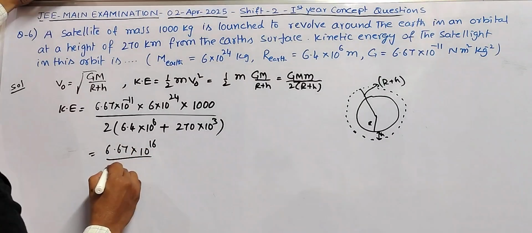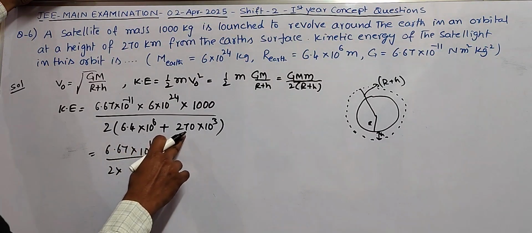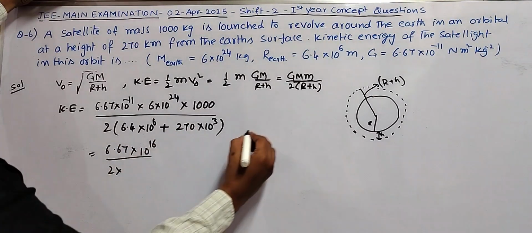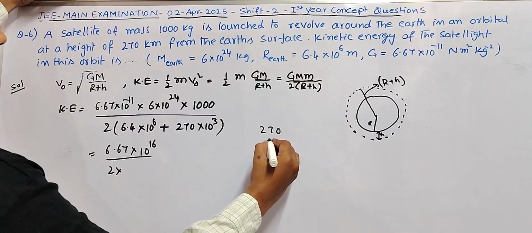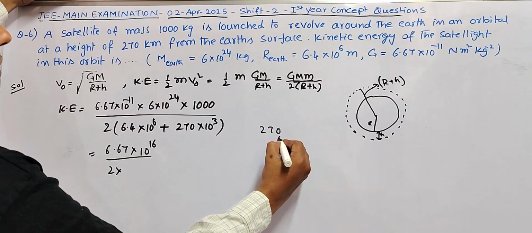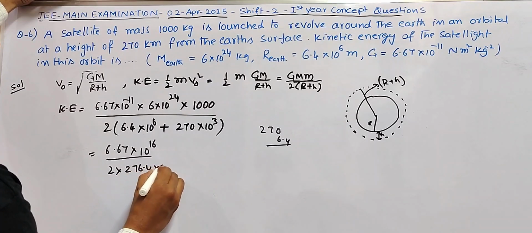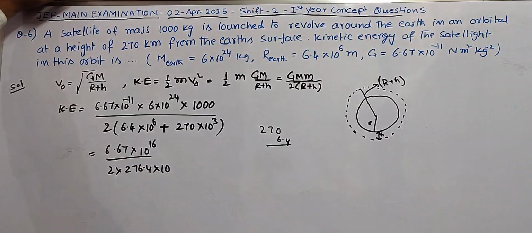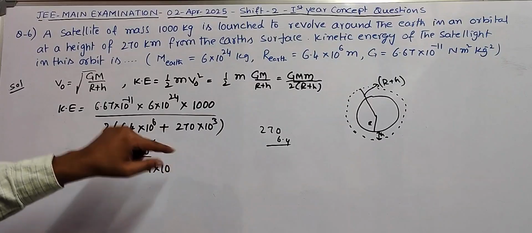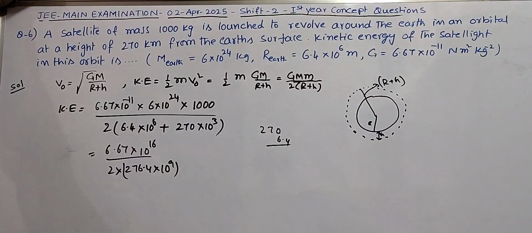By 2 into 6.4 plus 270, that means 276.4 into 10 power 9, isn't it?